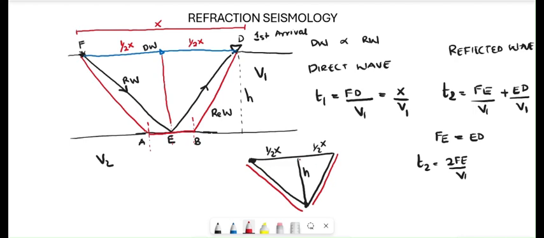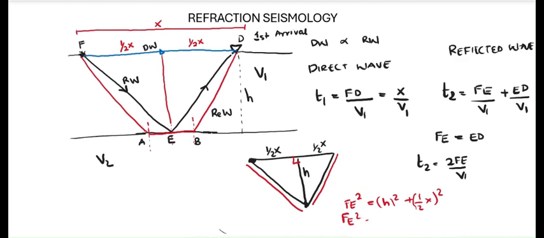So we can see that it's a right angle triangle, right? So knowing that it's a right angle triangle, we can see that this side, that is FE squared, is equal to h squared plus 1 over 2x all squared, right? And so I can see that FE squared is equal to h squared plus 1 over 4 x squared.